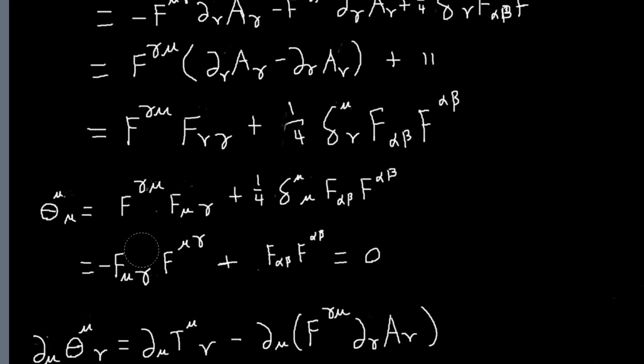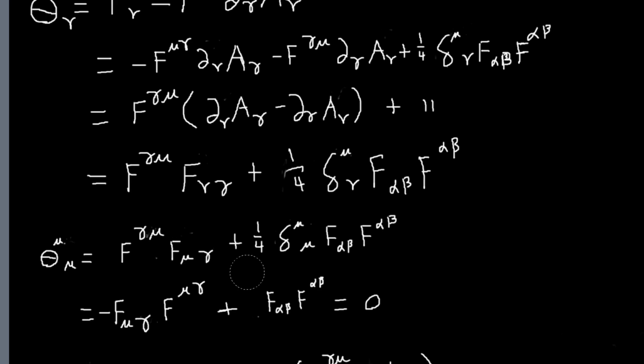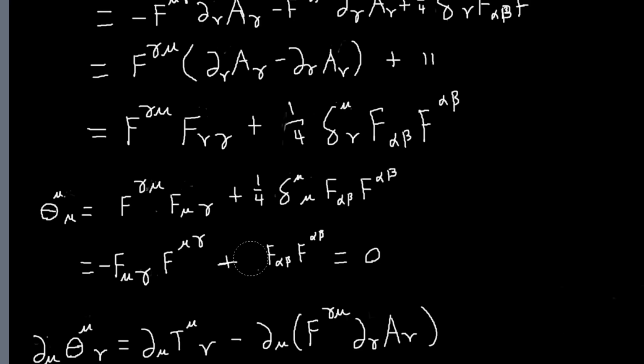And then it's just the same thing, doubly contracted electromagnetic field tensors, only we get the minus sign. So they will cancel and we'll get 0. And then we want to show that this is actually conserved.